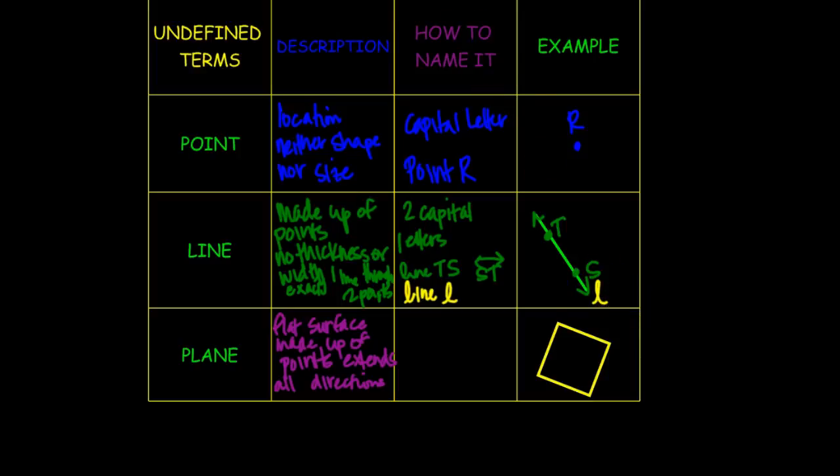All right, so in this plane, it is made up of 3 points. So we can do 3 points in the plane. They just can't all be on the same line. So I can't draw one line and it goes right through that plane.